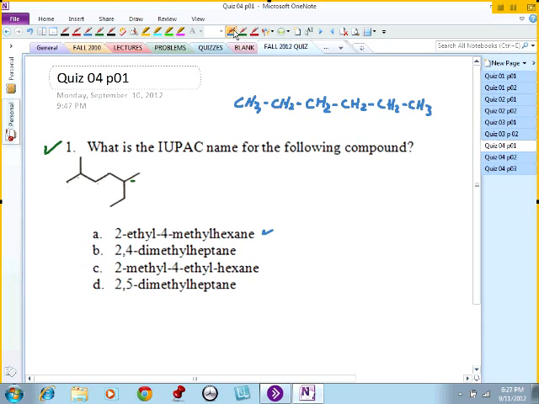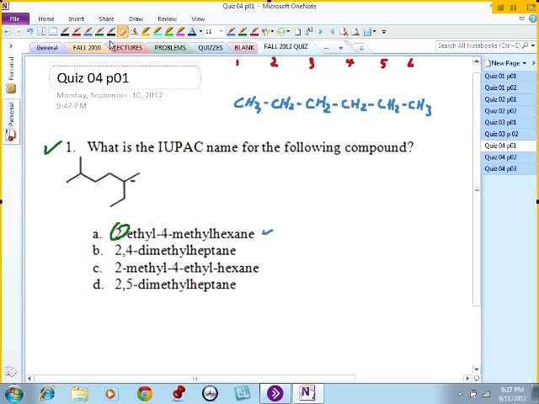So if we number the positions here, 1, 2, 3, 4, 5, and 6, we have an ethyl group in position 2. So we remove one hydrogen.